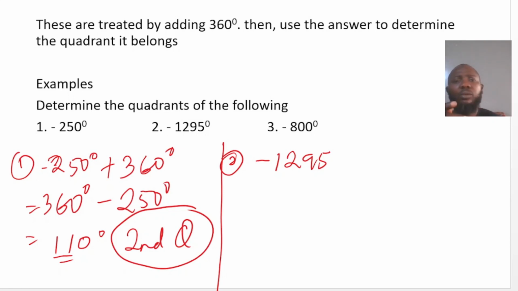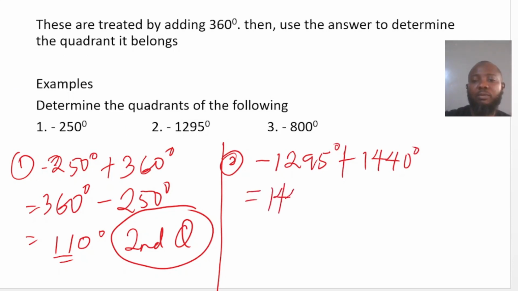So in that case, we are looking at 1440, because we want to turn it to positive. That means we are going to add 1440 degrees, which is the same thing as 1440 degrees minus 1295 degrees.